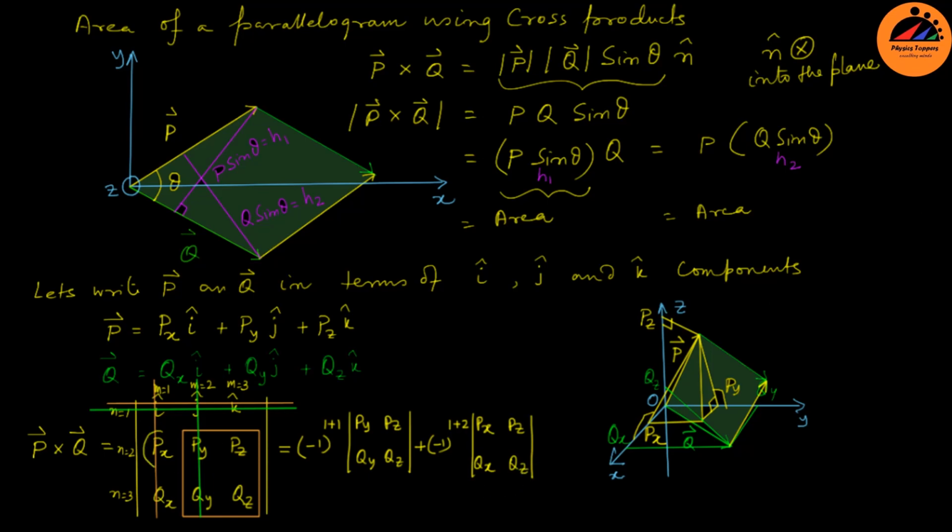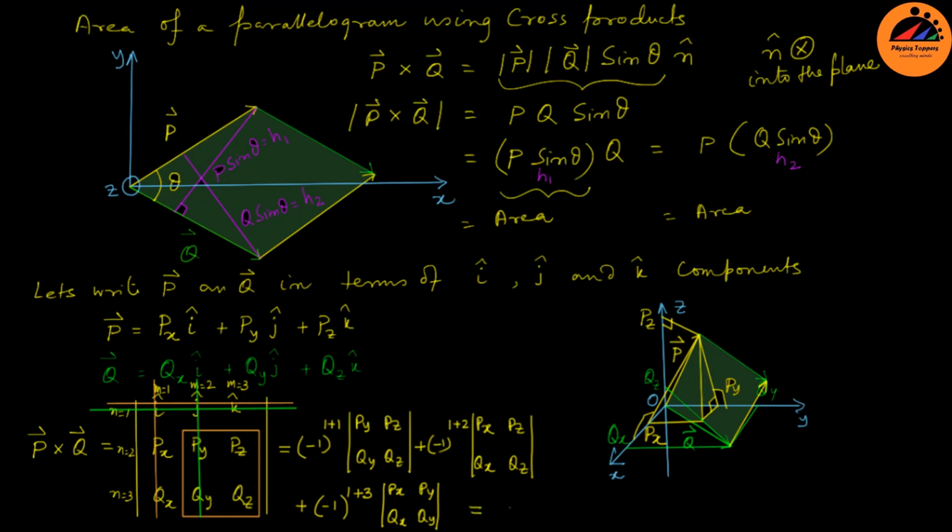Please identify these four, so it will not make this picture clumsy. And again plus minus 1 whole to the power of, see here the k position is 1 plus 3, so if you press k, Pz Qz goes away, you have Px Py Qx and Qy, right? So now you expand the determinant.